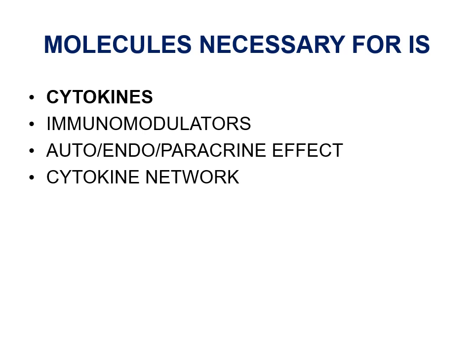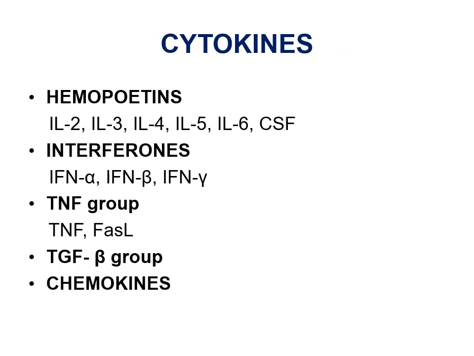And there is already one cytokine network. Cytokines are divided into 5 groups. First ones are hemopoietins like interleukin 2, interleukin 3, 6, and so on.